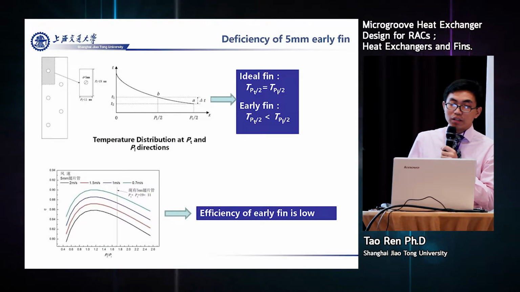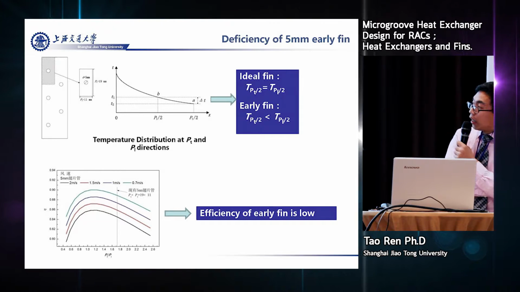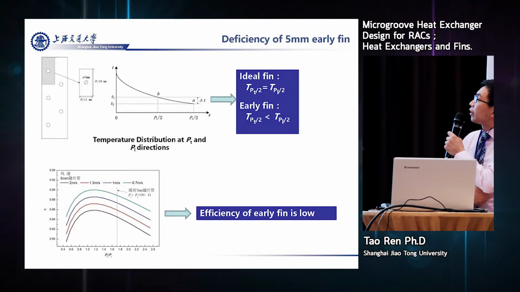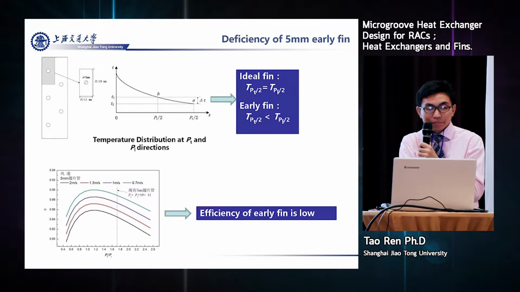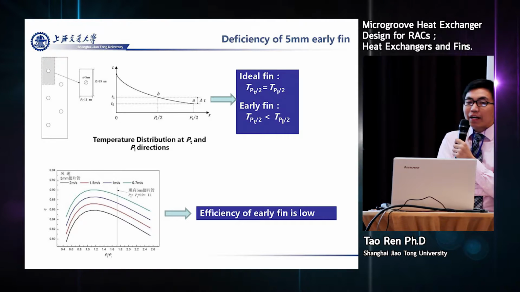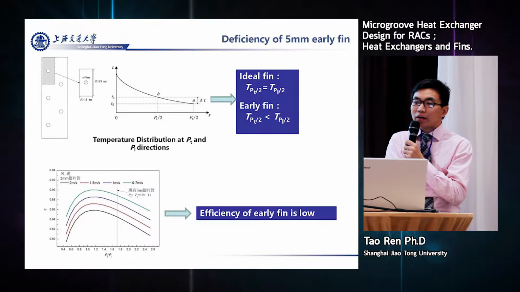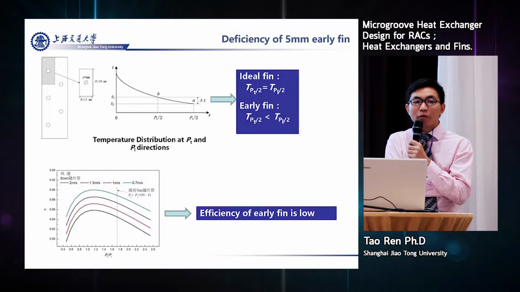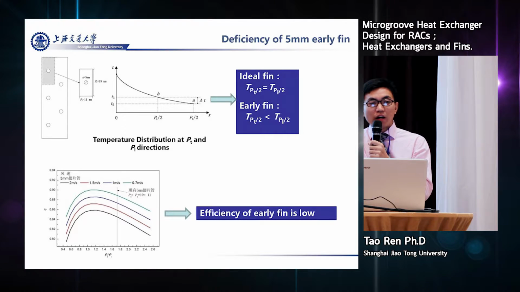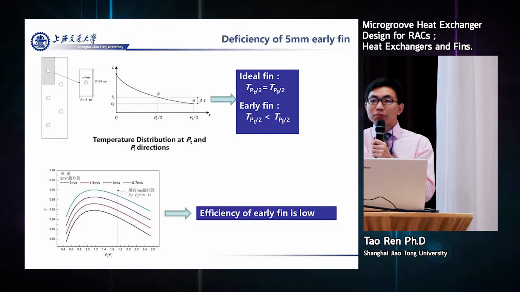For the designing of the 5 millimeter fins, we know that for the early 9.5 millimeters, we designed the fin like 25.4 multiply 22. This is the most widely used fin tube pitch for the 9.5 millimeters.